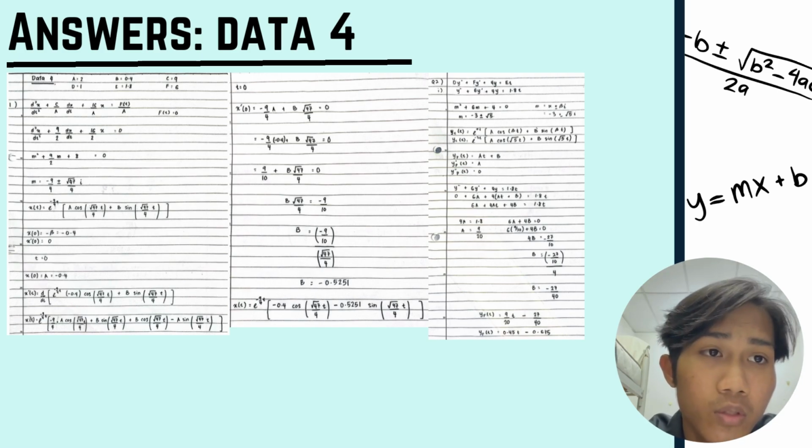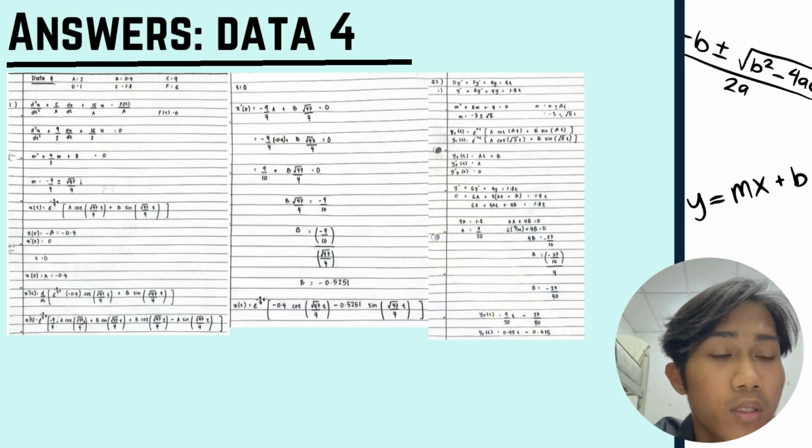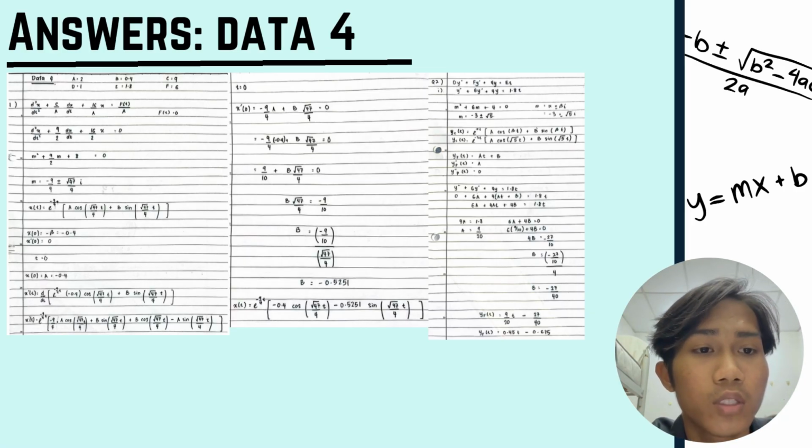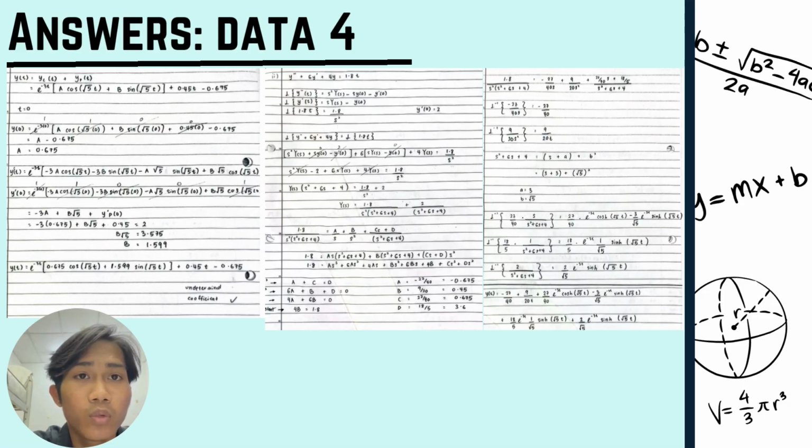After we substitute the values of y double prime p, y prime p, and y, a is 9 over 20, and b we got negative 27 over 40. Then we substitute into the formula yt is equal to yct plus ypt, and we got the equation like this.